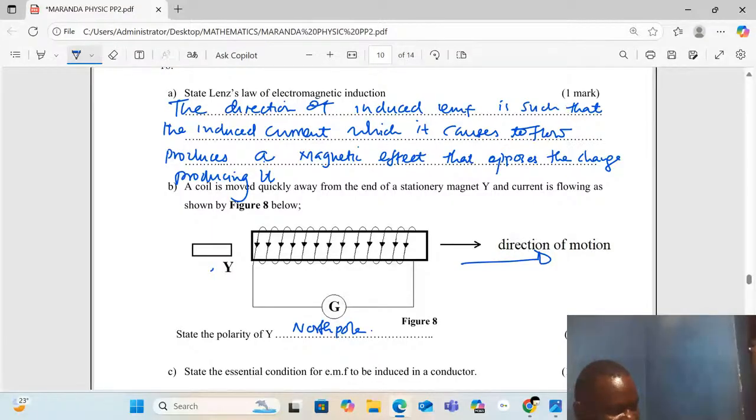Let's step back and ask ourselves, why is it a north pole?